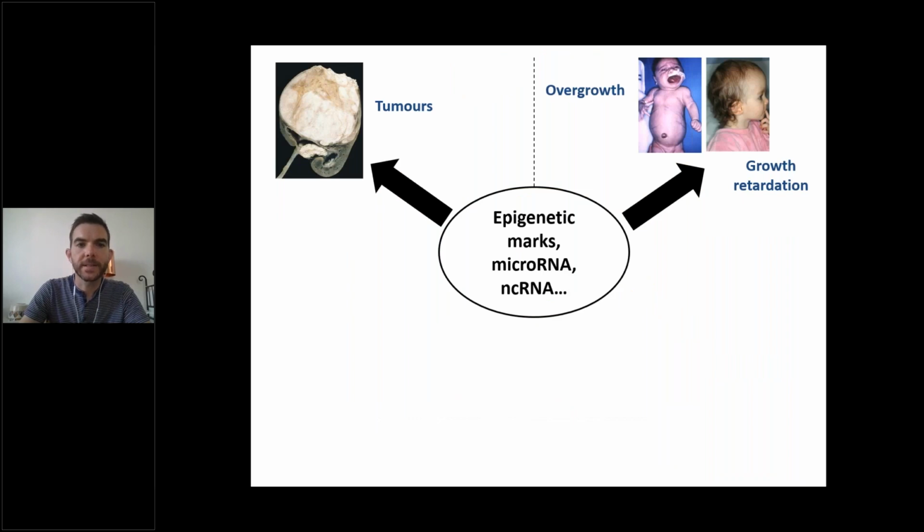Finally, we know that in tumors, epigenetic marks, microRNA expression or non-coding RNA expression are usually disturbed. We also know that Beckwith-Wiedemann and Silver-Russell syndromes are usually caused by epigenetic defects.